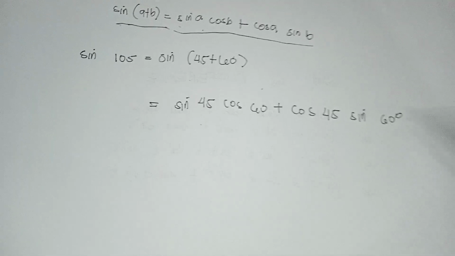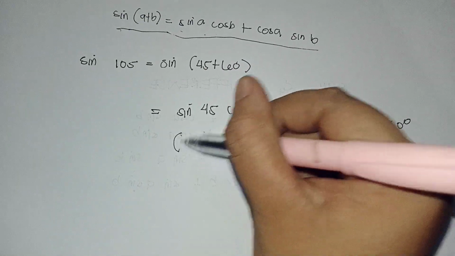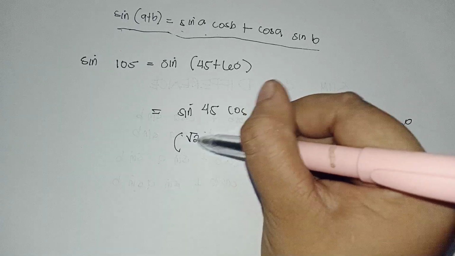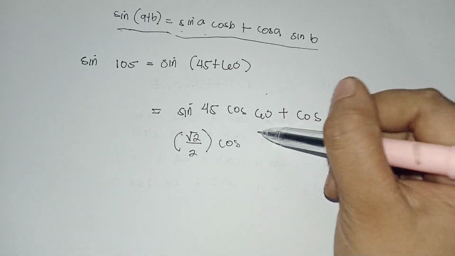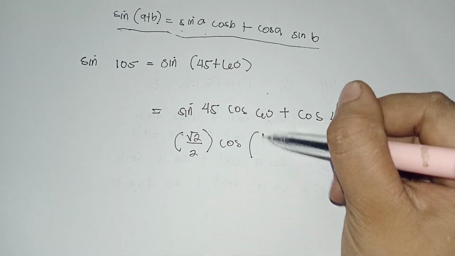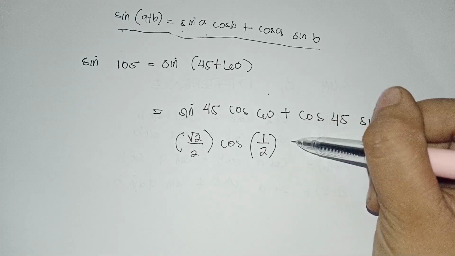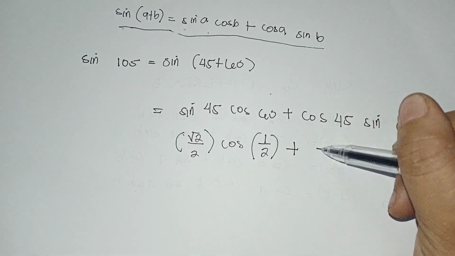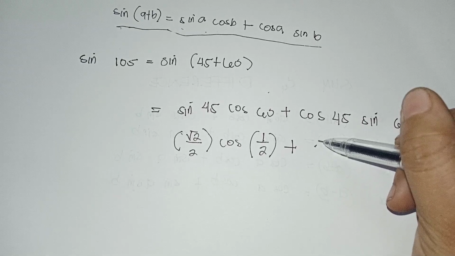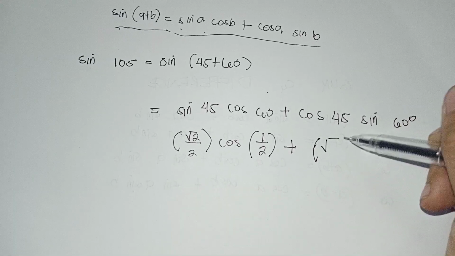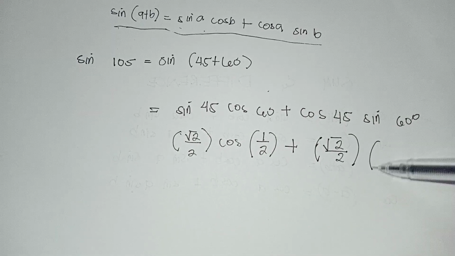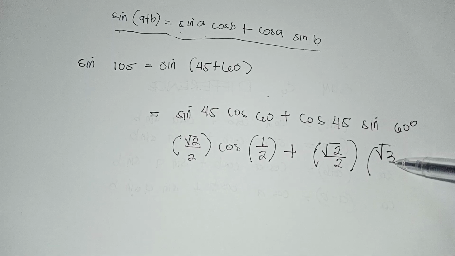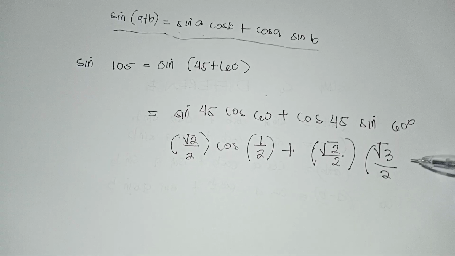So, what is the sine of 45 degrees? The sine of 45 degrees is square root of 2 over 2, and the cosine of 60 will be 1/2. The sign is positive, and the cosine of 45 will be square root of 2 over 2, and the sine of 60 is square root of 3 over 2.